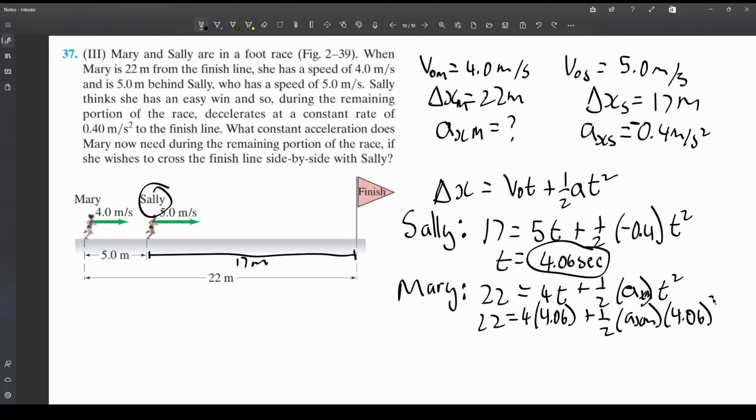And if we now solve this out for a_M, we get 0.699 meters per second squared. So that's how you solve for your answer.